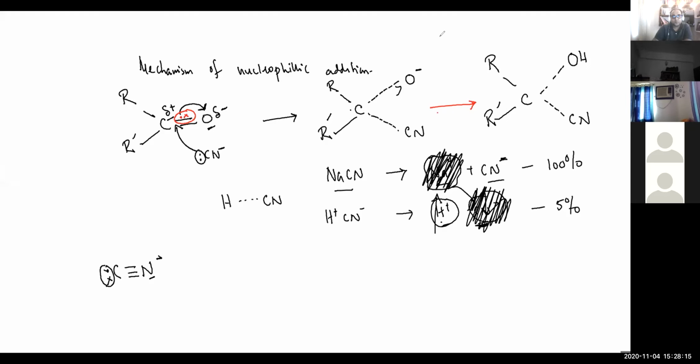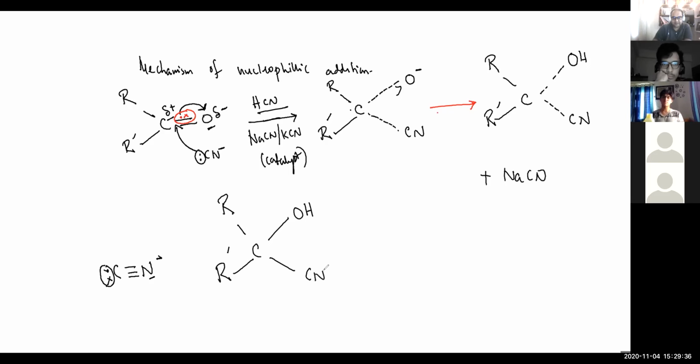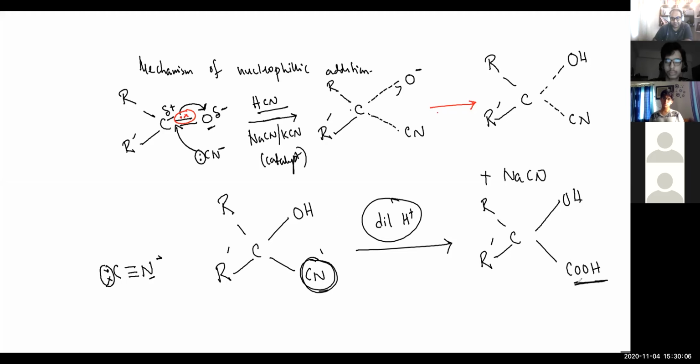So when you have an R prime and OH and a CN, if you add dilute acid, dilute H2SO4 or dilute HCl, the cyanide gets converted into carboxylic acid. So with a cyanide or nitrile group, if you add a dilute acid, it gets converted into carboxylic acid.